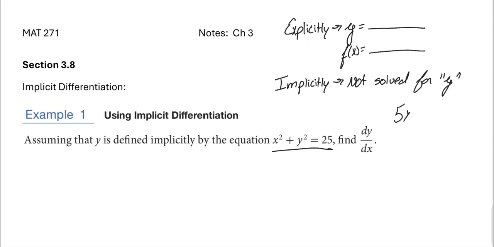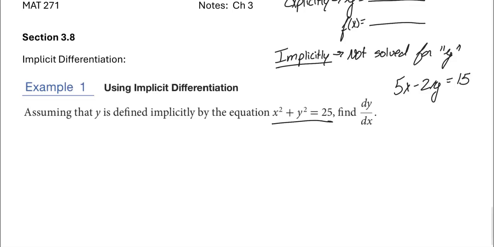Even a line like 5x minus 2y equals 15 would be written implicitly because it's not solved for y. Now, in this case, this is a function, whereas this is not a function. Implicit doesn't mean it's a function or it's not a function. It just means it's not solved for y. Some of them will be functions, some won't be.